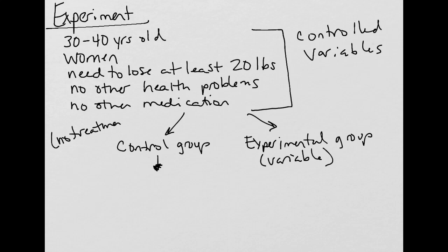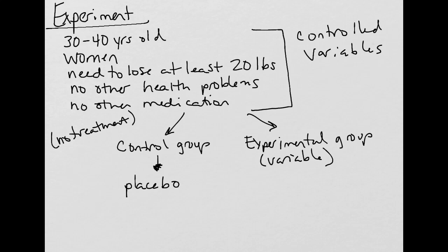In this case, the treatment is the green tea extract. So we're going to give them a placebo. A placebo is a sugar pill, basically. It's a pill that looks just like the other pill. It's the same size, the same weight, probably the same color. It's exactly the same, but it doesn't have any drug in it. Just has some sugar in it or something that would not affect them in any way. Okay, so they're going to get the placebo.